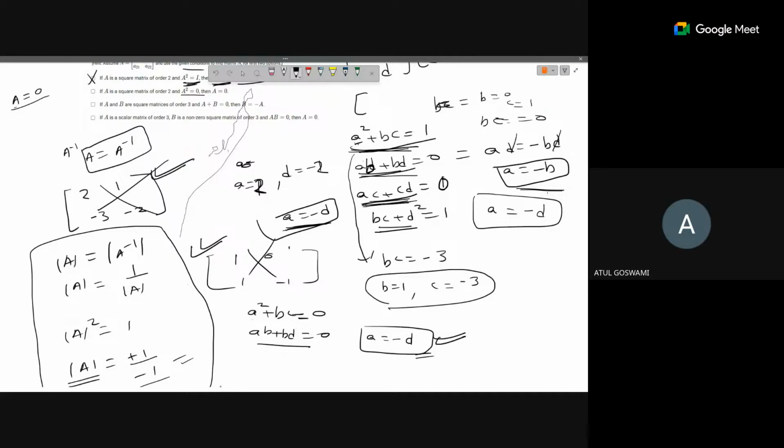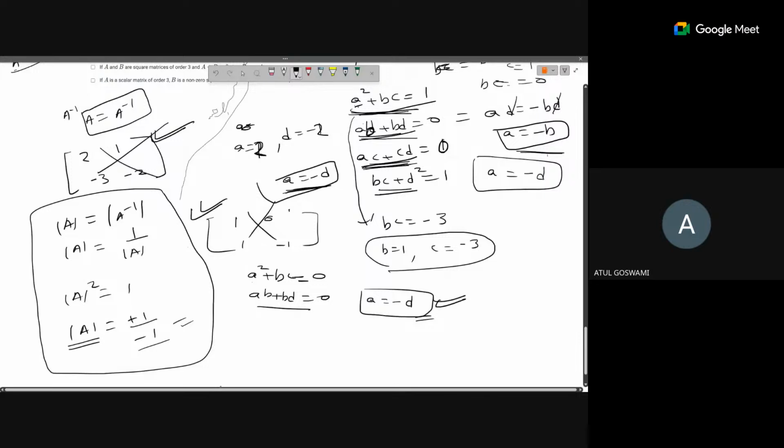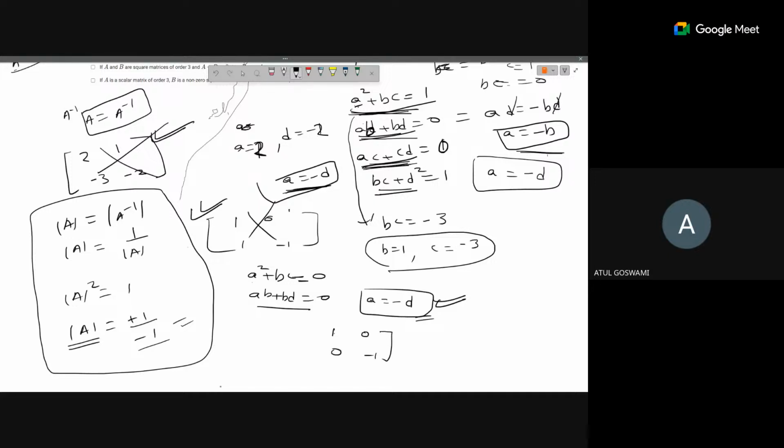Are you getting my point? Suppose A is 1 and D is minus 1, and the others are 0. So the matrix is 1 0, 0 minus 1.